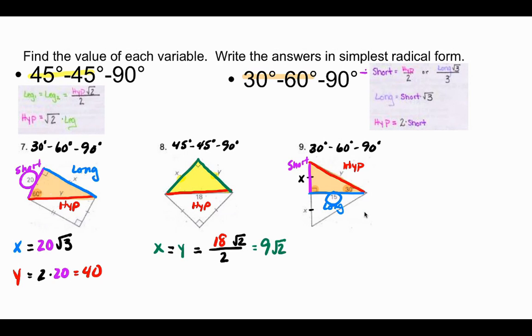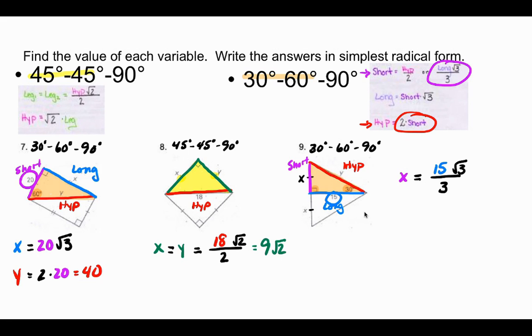So we're going to have to calculate the short leg when we know the longer leg, and then we're going to have to calculate the hypotenuse using the short leg. So let's start with the short leg. Our short leg is x, and we are going to calculate it by doing a divide by 3 and a times the square root of 3 using the longer leg.